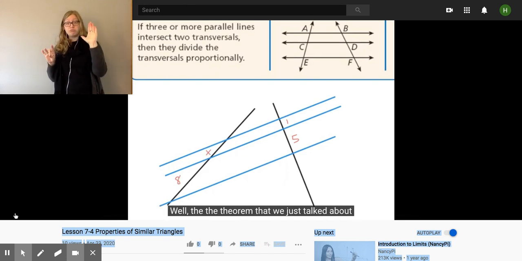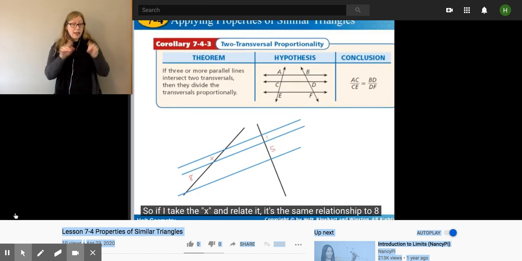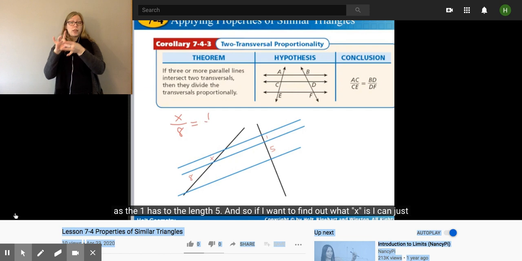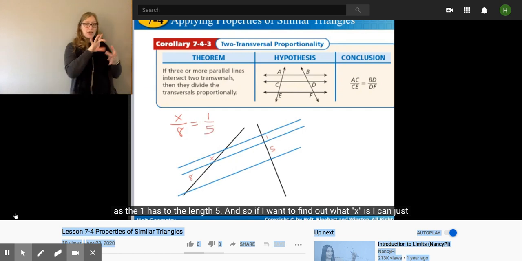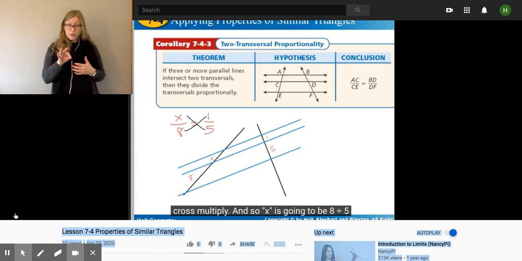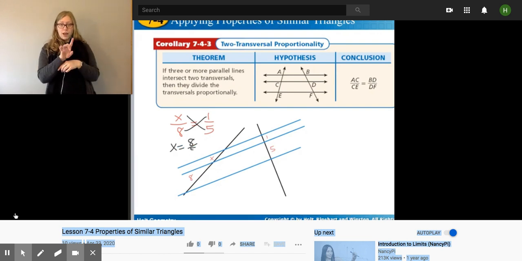Well, the theorem that we just talked about guarantees that these lengths are in proportion. So if I take the x and relate it to 8, it's the same relationship as the 1 has to the length 5. And so if I want to find out what x is, I can just cross multiply. And so x is going to be 8 divided by 5.